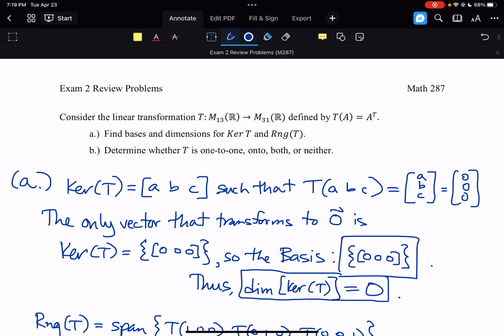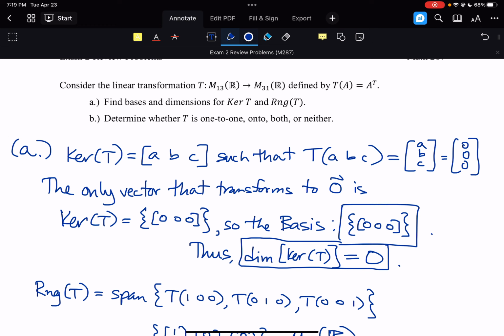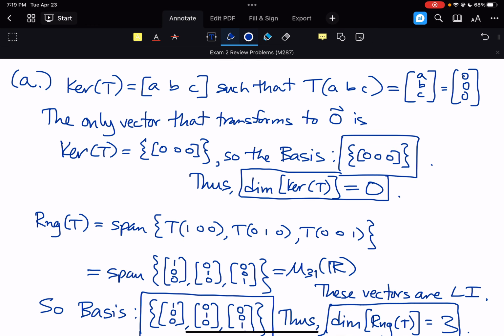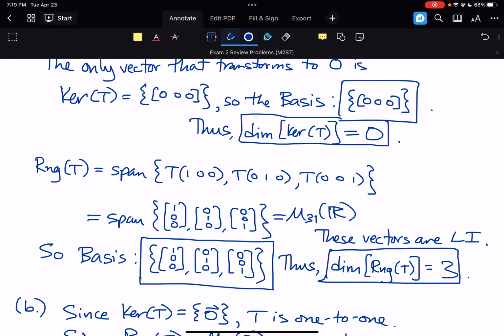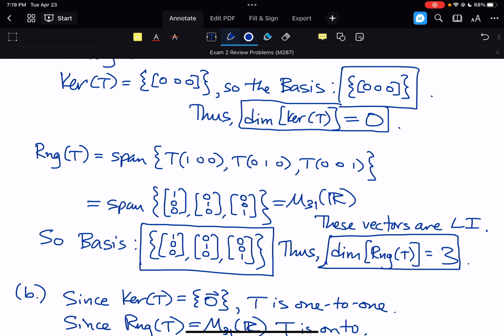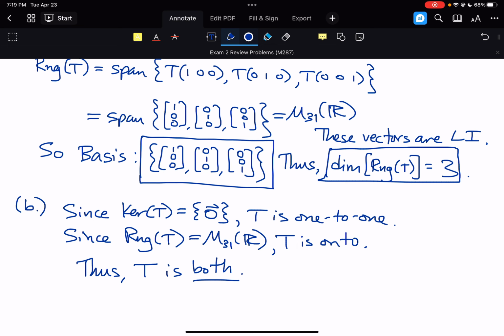Okay, and again, the dimensions being the same does not guarantee it's an isomorphism. We still have to check. But in this case, we already had to do both anyways. So we already found the kernel. We already found the range. So both of those arguments satisfy our conditions here. So it is 1-to-1. It is onto. So it is both.